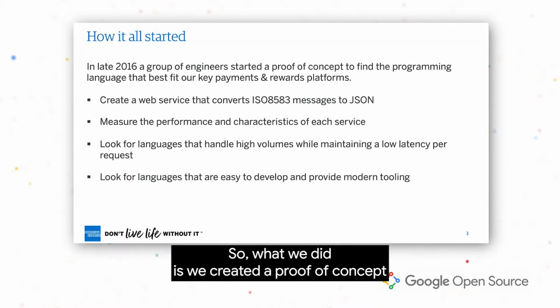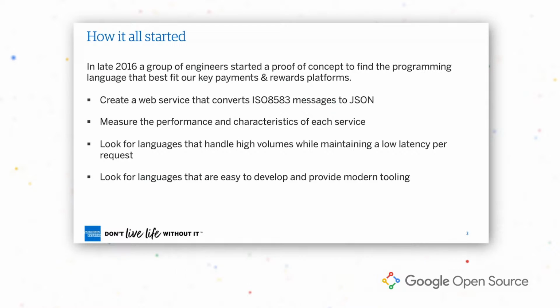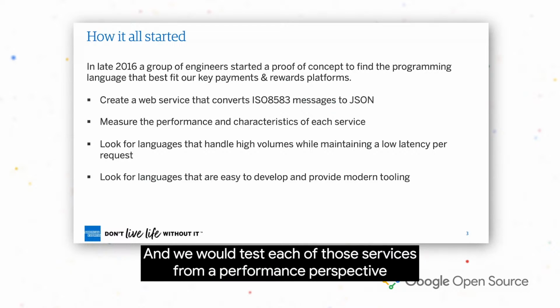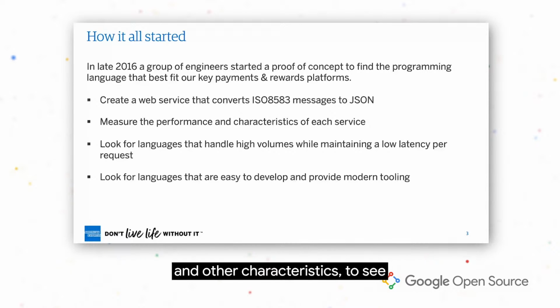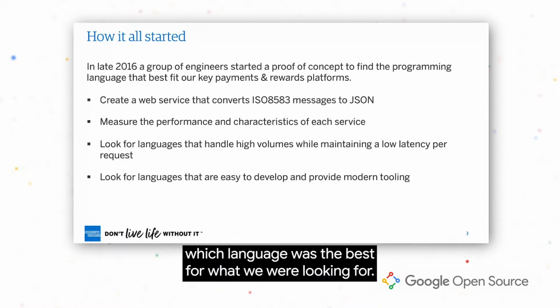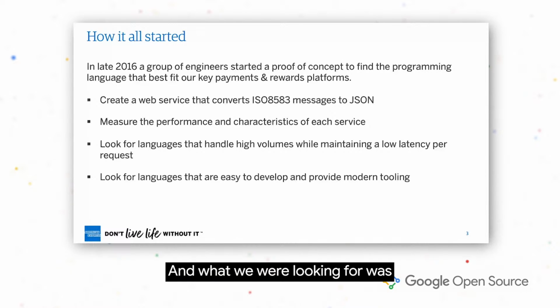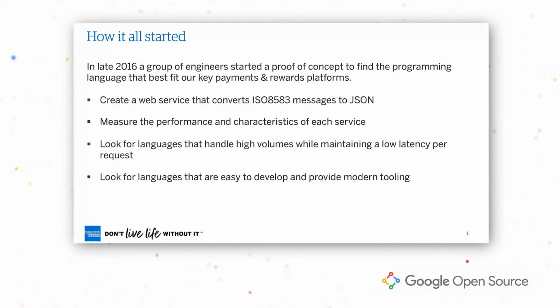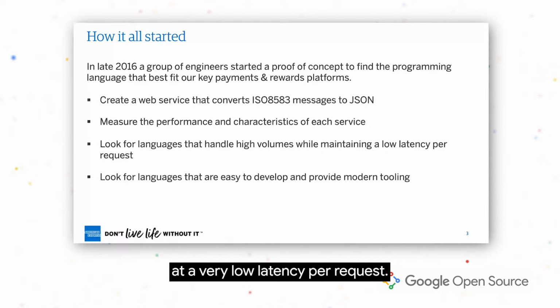So what we did is we created a proof of concept, a programming language showdown, where we'd write the same service in multiple different languages. We would test each of those services from a performance perspective and other characteristics to see which language was the best for what we're looking for. And what we were looking for was something we could write services and platforms with that can handle very high volumes of traffic at a very low latency per request.